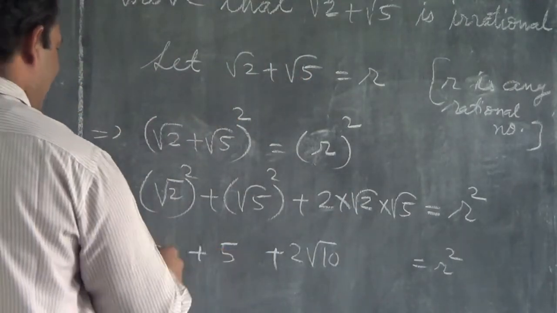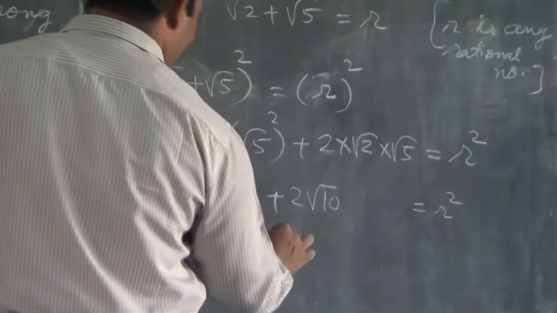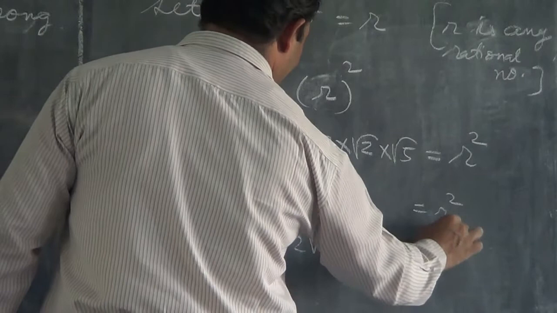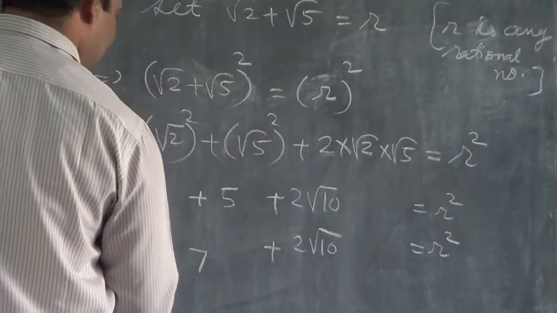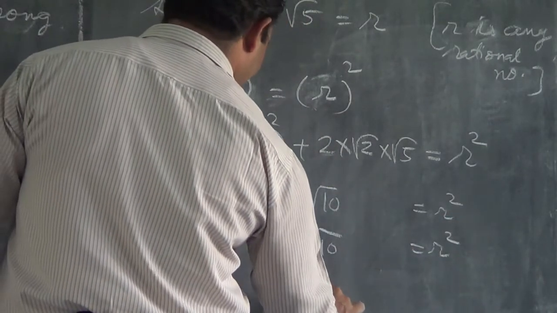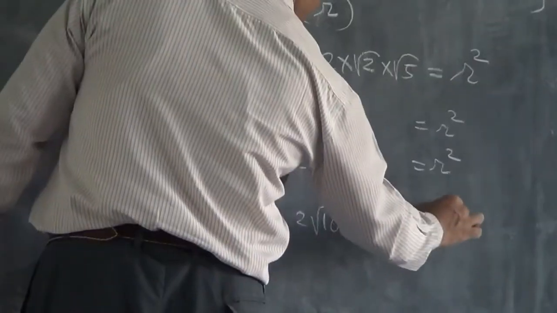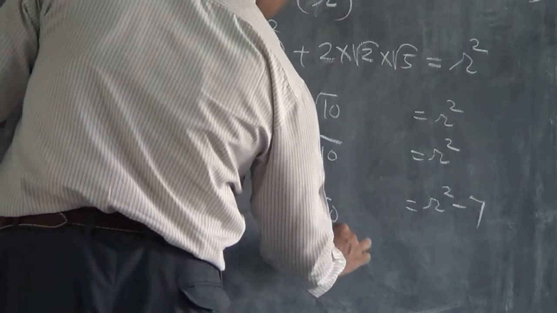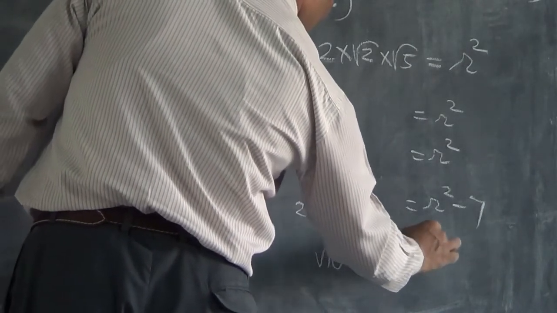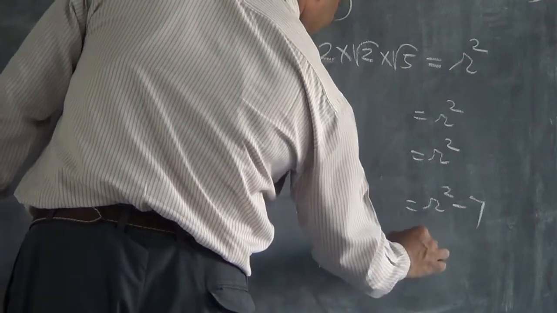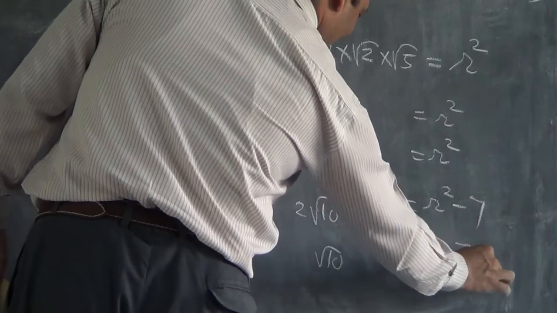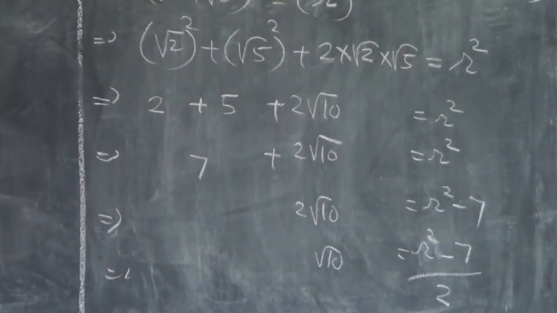And here I will get 2 plus 5, 7 plus 2 root 10 equals r square. That implies 2 root 10 equals r square minus 7. That implies root 10 equals r square minus 7 by 2.